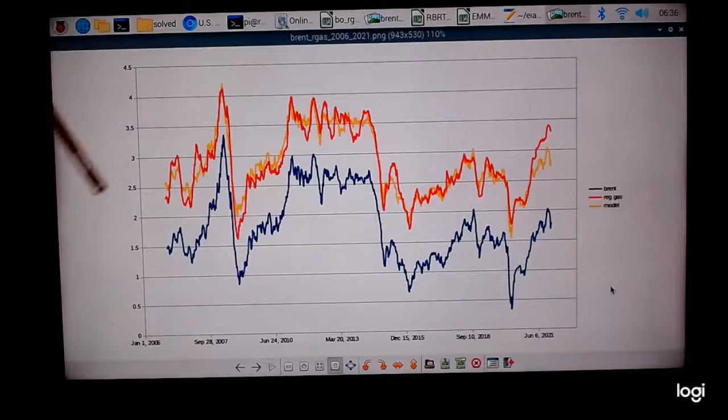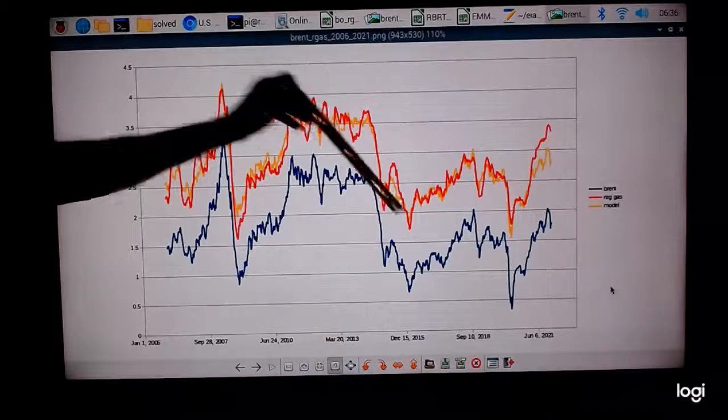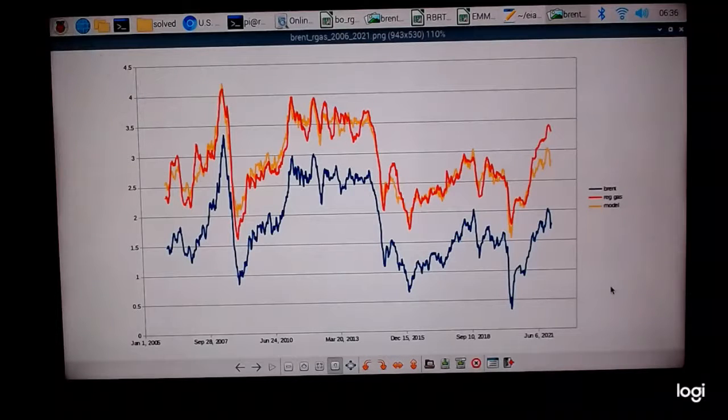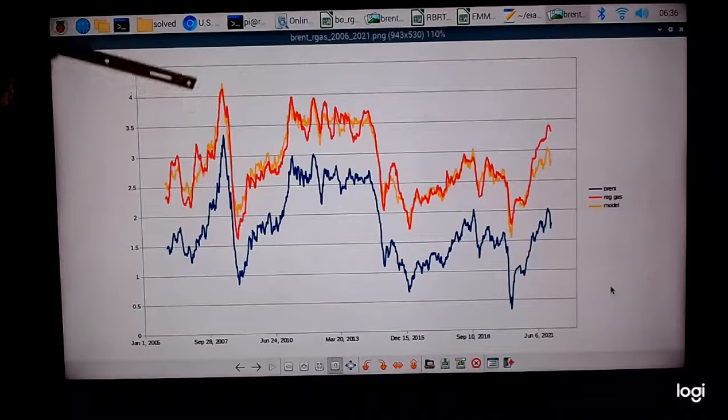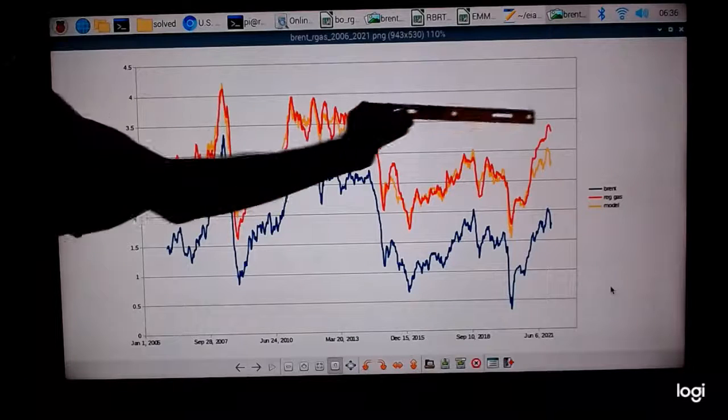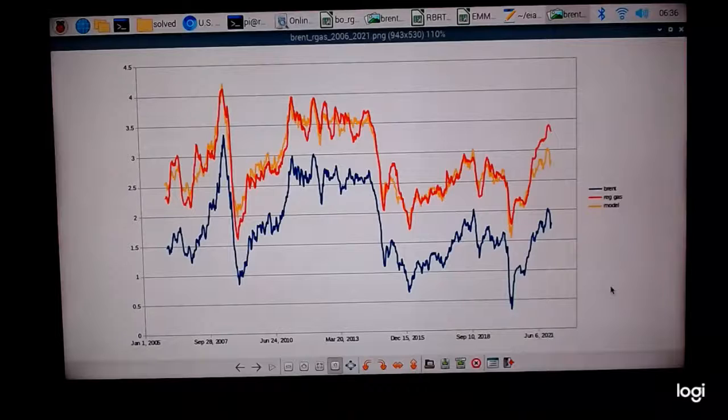We see these extreme events, and I don't see the big gap that we see in the last few months. So anyway, that's what I've been doing over the last few days, looking at observed Brent with observed gasoline. So thank you.